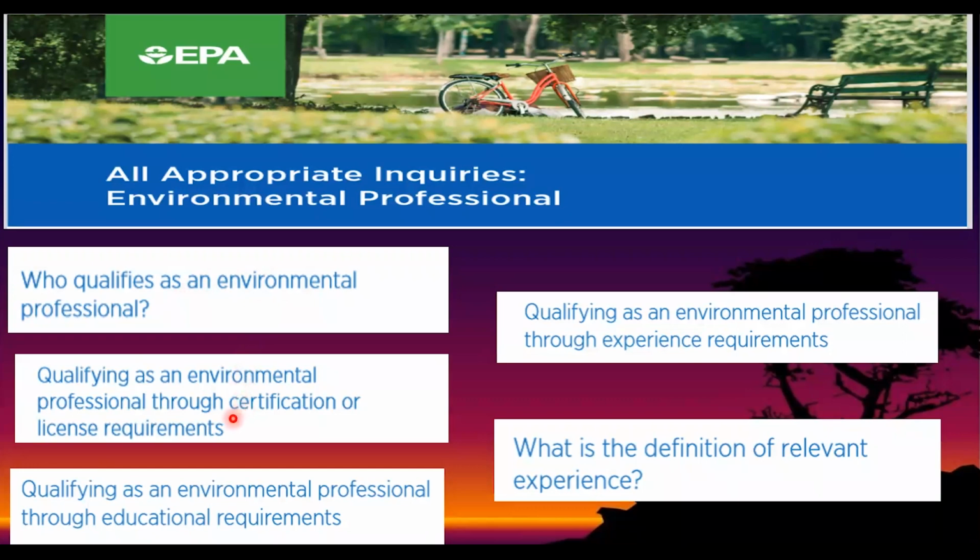They say what professional certification is needed, what license is needed, what educational requirements there are, what experience is needed, and they also go through the definition of relevant experience. So it's a long definition.